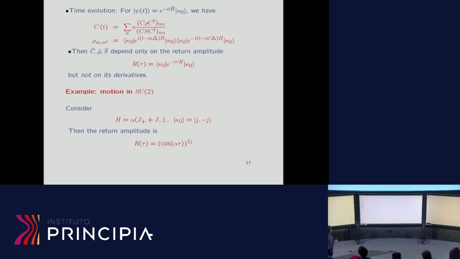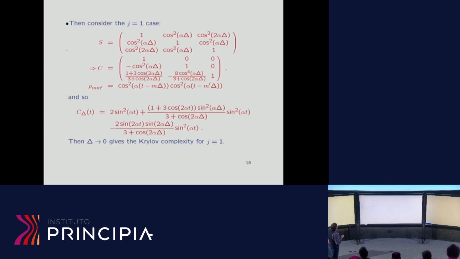But more importantly, let's look at the motion in the case of a group for which there are explicit analytical results. So for SU(2), for instance, let's consider this Hamiltonian being the sum of J plus and J minus, and the initial state to be the highest weight state. Then one finds a certain formula for the return amplitude.